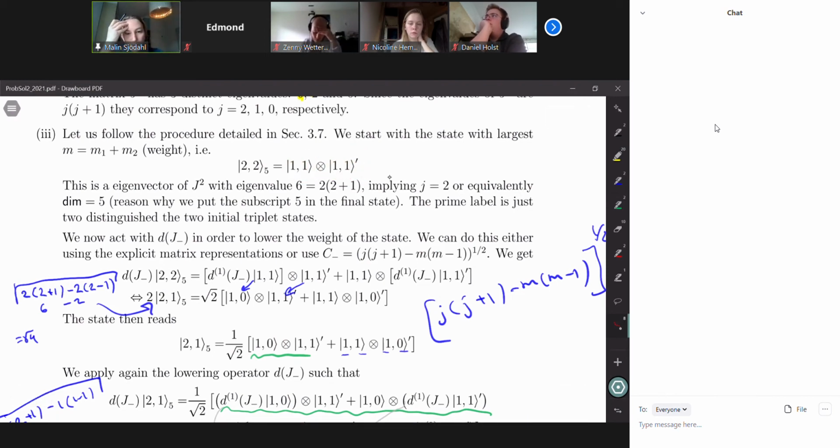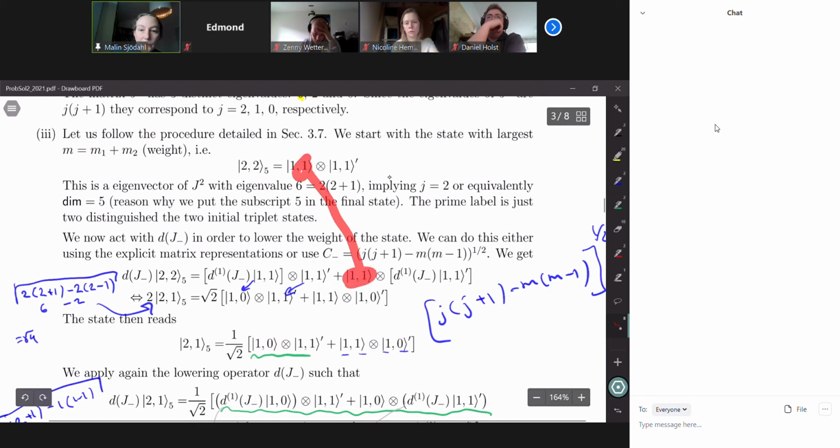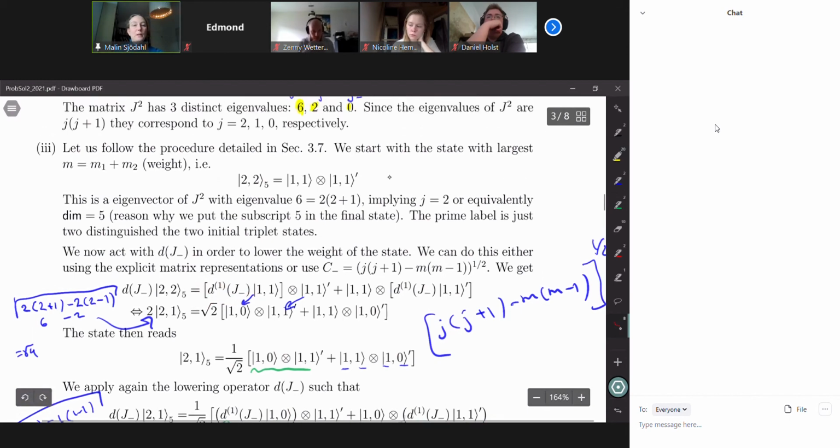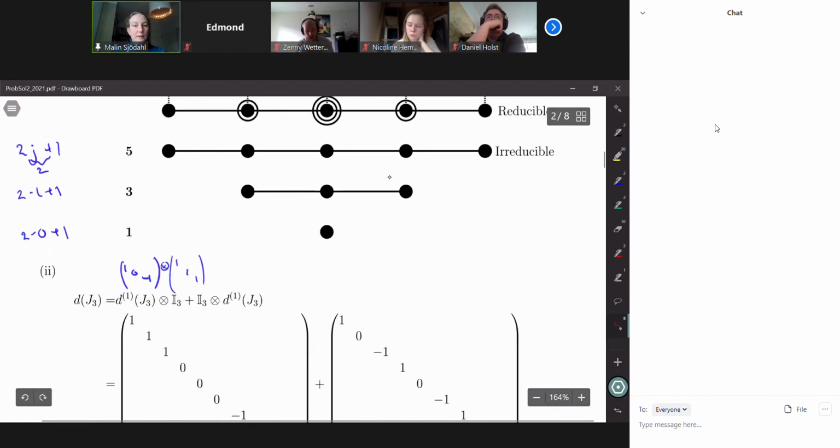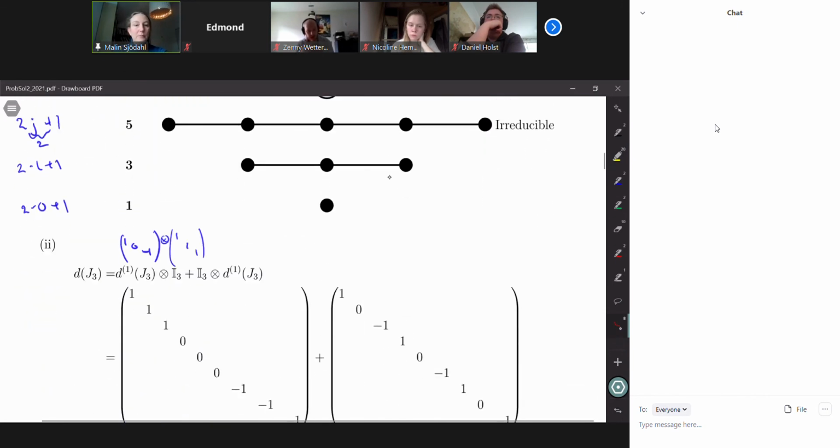So acting with J minus on this side here, we act with it on one of the spins at a time. So it's J minus on the first state times nothing happening to the second state, plus nothing happening to the first state times J minus acting on the second state here. Now we must know J minus, and we have a lucky case here, because if we go up and look at J minus, we have it.